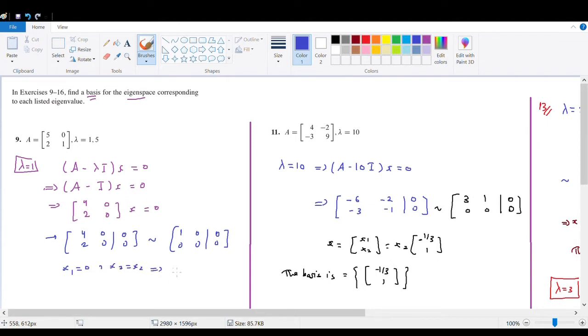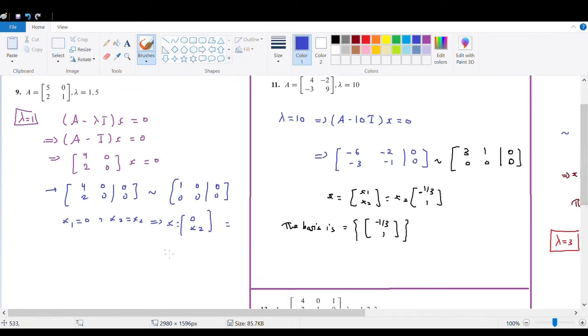If we write x in the general way, x is equal to x2 multiplied by 0, 1. Since we only have this one vector, the basis is the unique vector 0, 1.